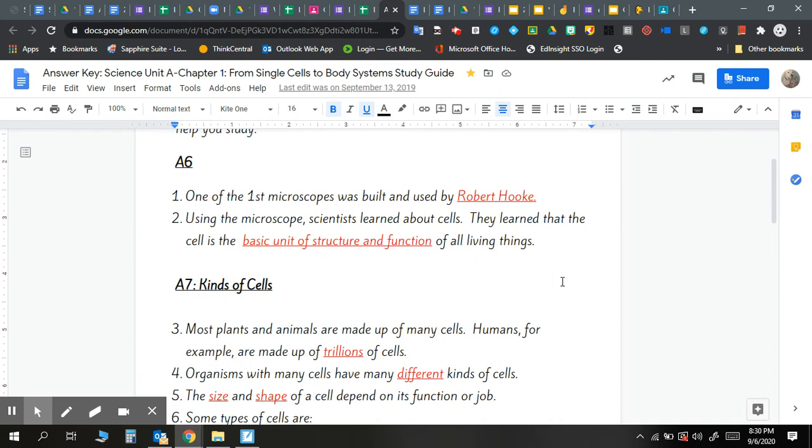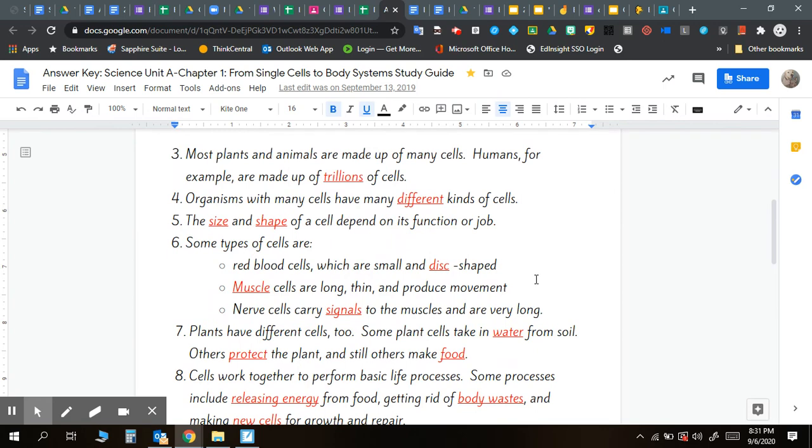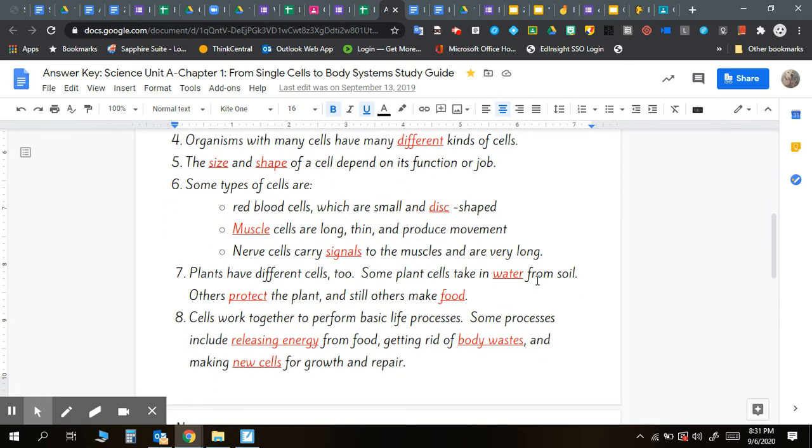You can go ahead and pause it, check it. Okay, and then I'm going to scroll down. So hopefully you paused it. I'm going to scroll so that you can see the rest of this page. Go ahead and pause again and check. Make sure that you fix anything that you got incorrect.